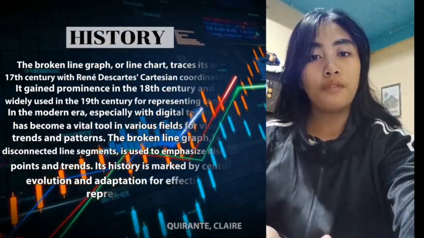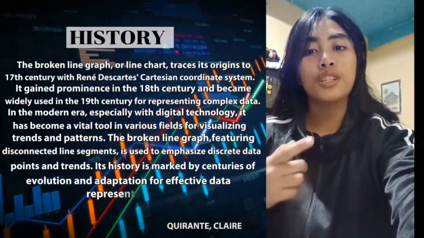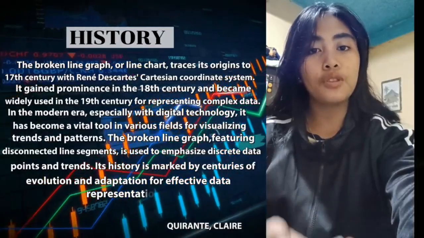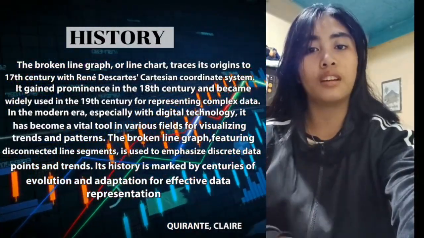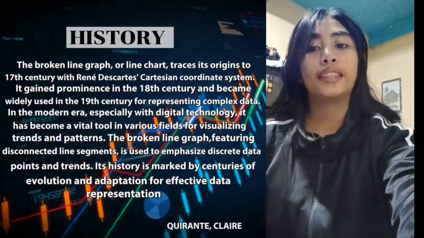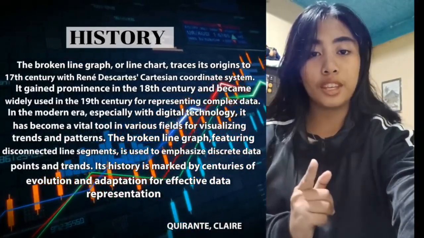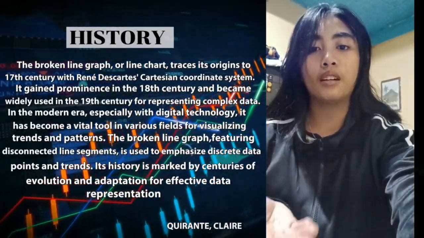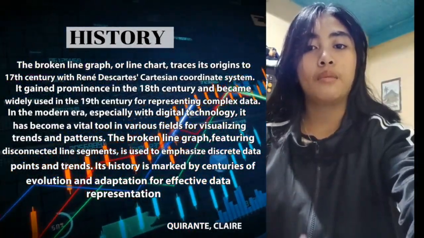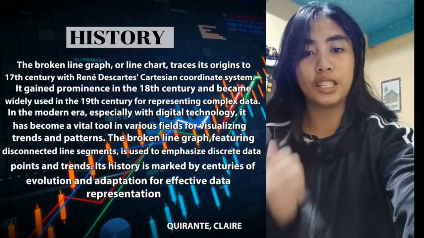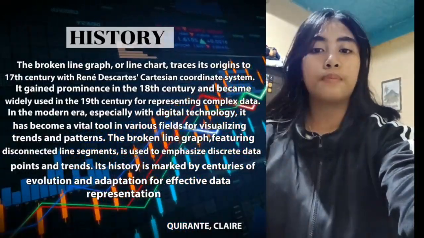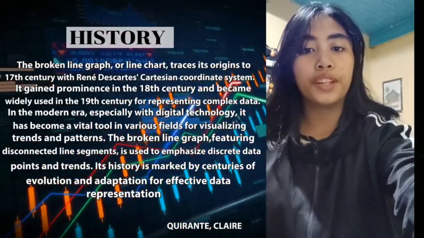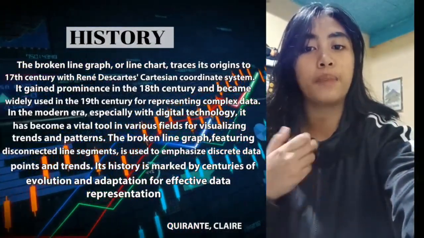The broken line graph or line chart traces its origins to the 17th century with René Descartes' Cartesian coordinate system. It gained prominence in the 18th century and became widely used in the 19th century for representing complex data. In the modern era, especially with digital technology, it has become a vital tool in various fields for visualizing trends and patterns.